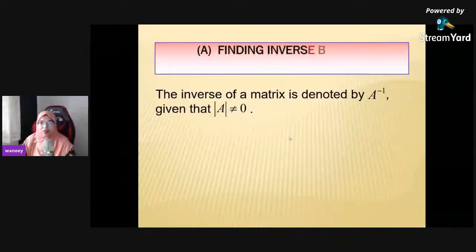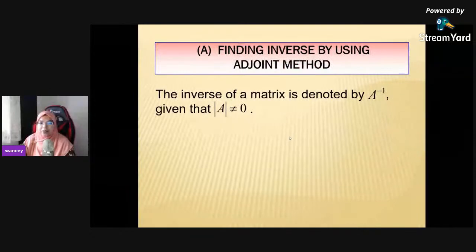Okay, so now finding inverse using the adjoint method, the inverse of a matrix is denoted by A to the power of -1, given that the determinant of A cannot be equal to 0.